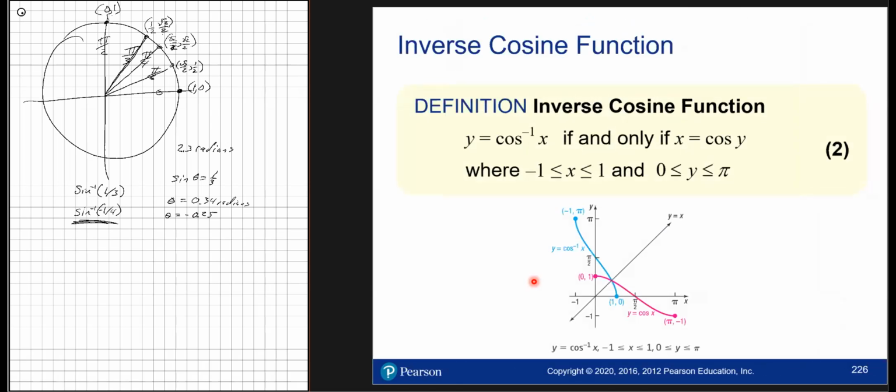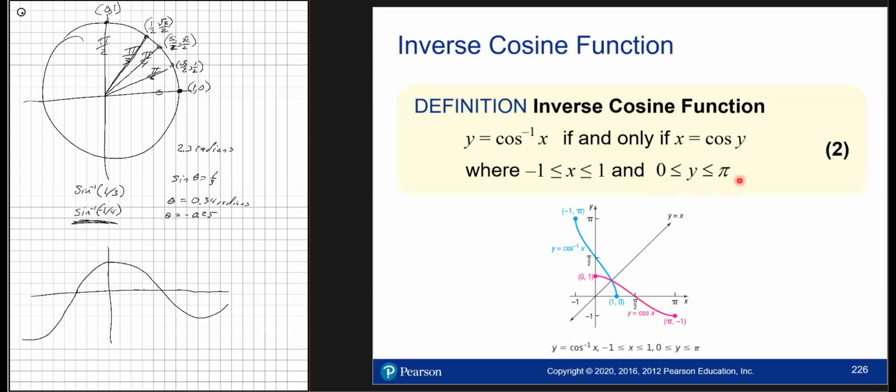Now, cosine inverse. The cosine part is in red, right? The cosine graph goes like that. And their sense of one period, what they're looking at is from 0 to pi.